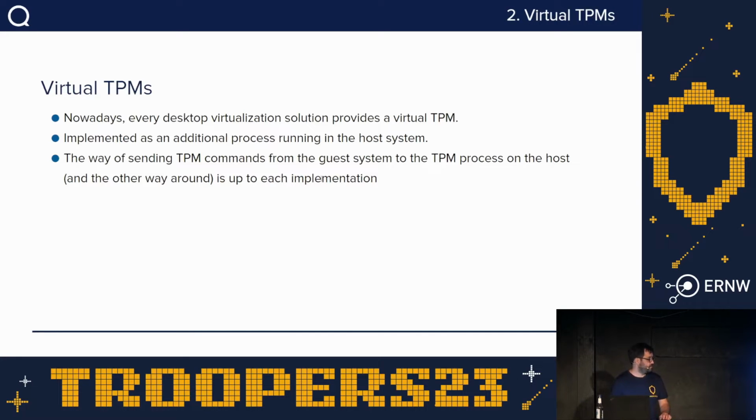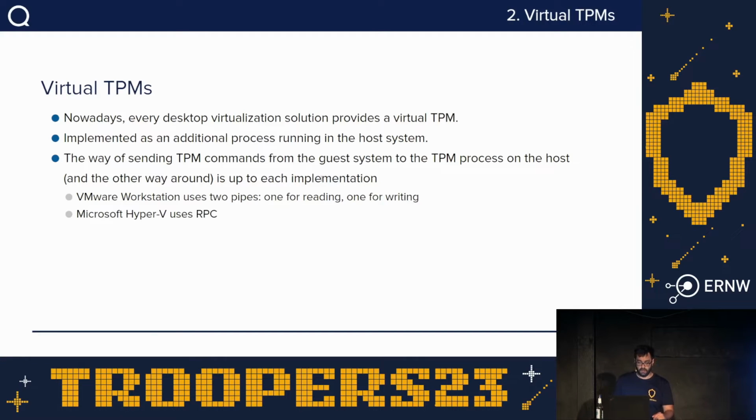And as I said before, it's just a user mode process running in the host system. The way the virtual TPM communicates with the guest really depends on each virtualization implementation. For example, VMware Workstation uses two pipes, one for reading and one for writing. HyperV by Microsoft uses RPC.